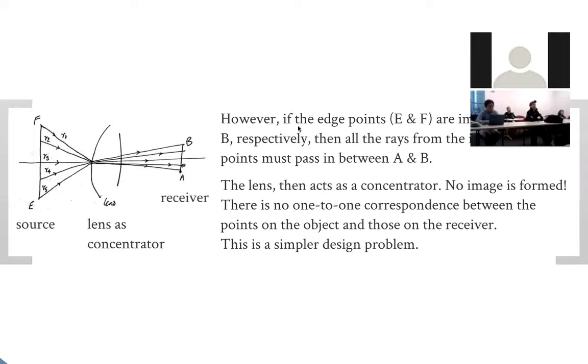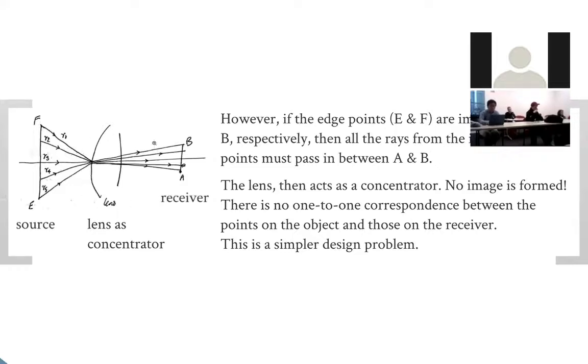Now, if the edge points E and F are imaged onto A and B respectively, what does that mean? That means if I design this lens with two surfaces such that I have a perfect one-to-one map of F to A and E to B, which I can do, as I said in the last slide, right? If I only care about 2 points, I can actually design a perfect imaging system.